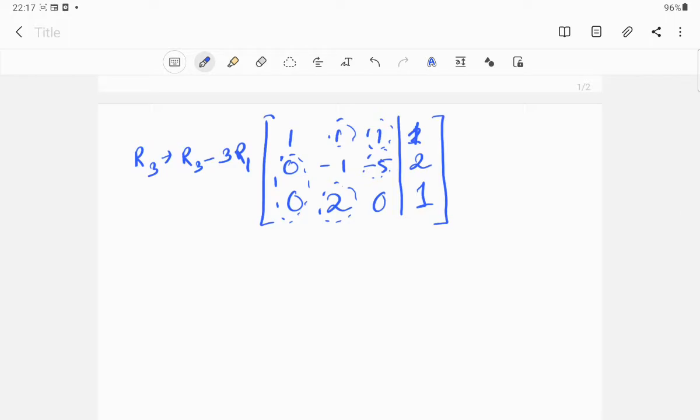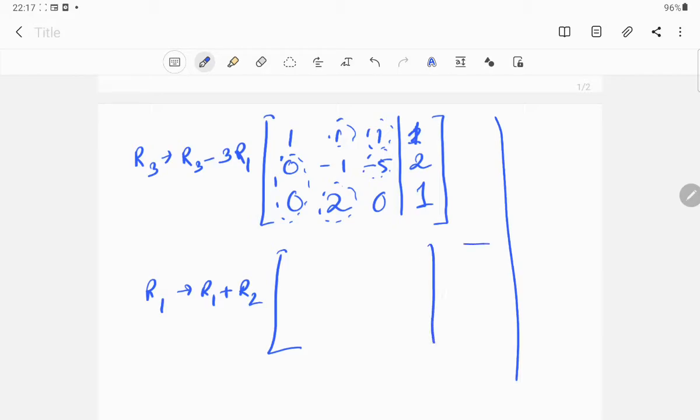Now the next thing we are going to do is R1 goes to R1 plus R2. 1 plus 0 means 1. Next, 1 and minus 1: 1 minus 1 equals 0.